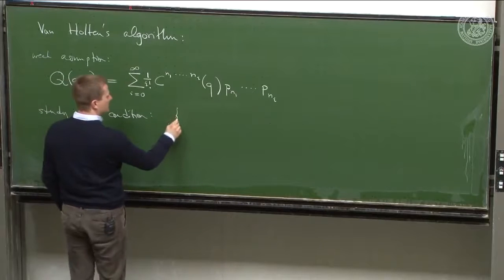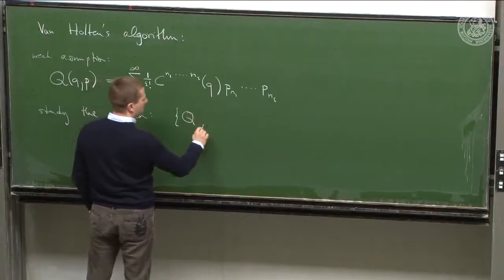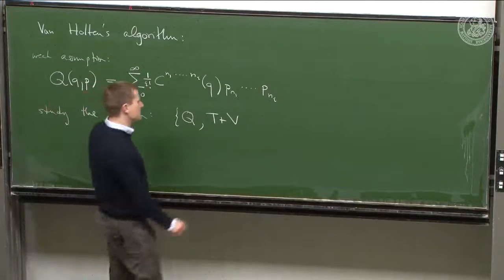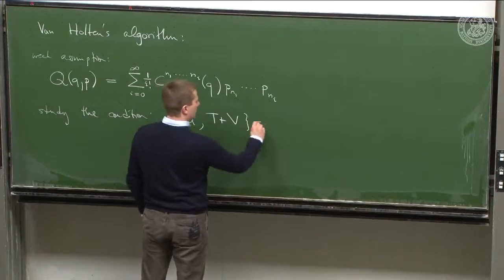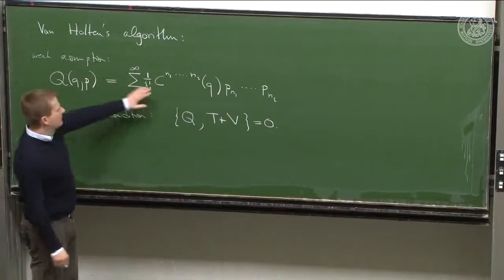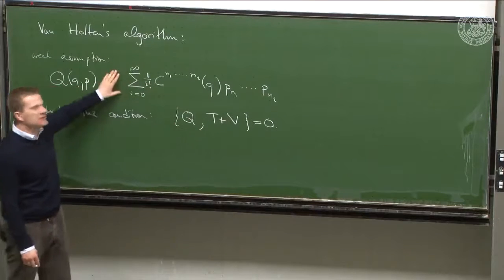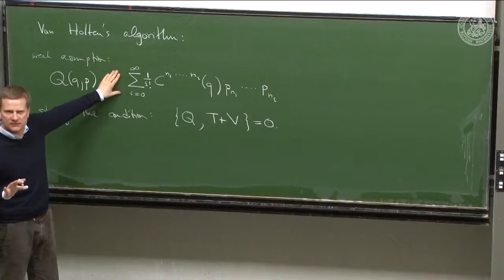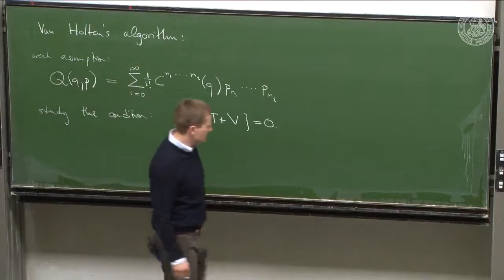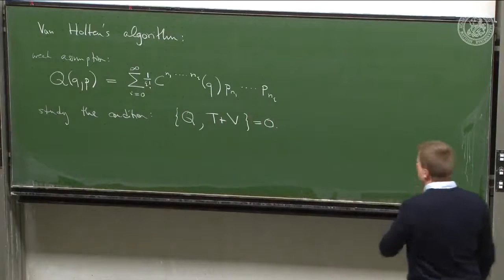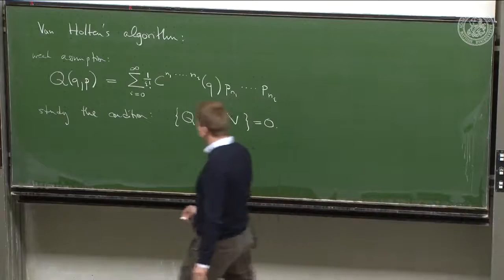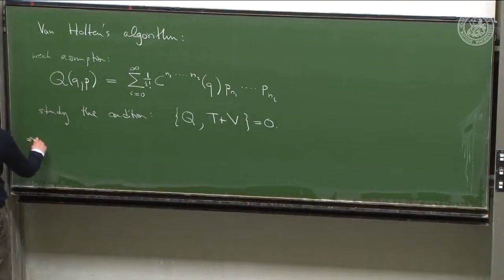That means study the condition that the Q with T plus V, I write the Hamiltonian explicitly like this because that's still the assumption, vanishes. What does this condition mean, that an observable Q like this is actually a symmetry? We're not distinguishing yet between kinematical and dynamical symmetries. Now, we've got to calculate this. So let's start here. What does this mean?